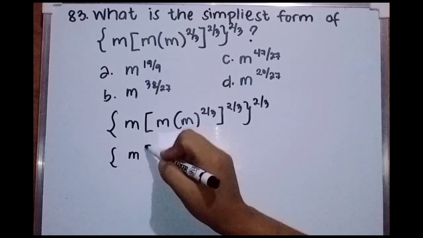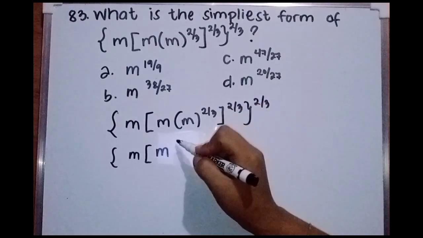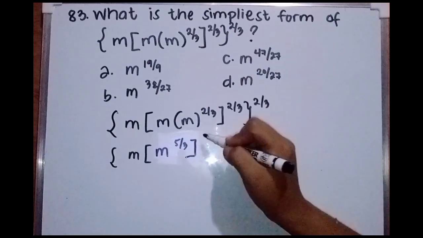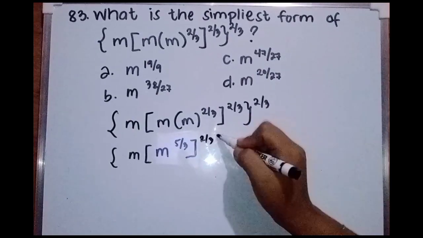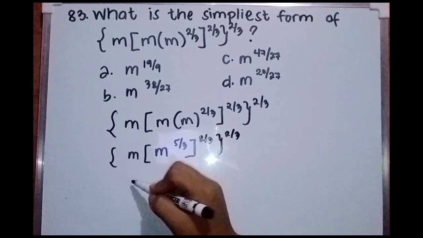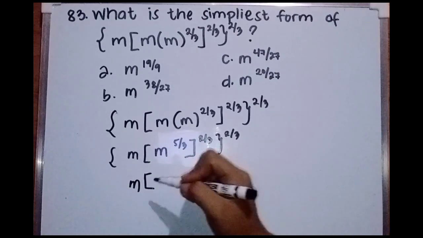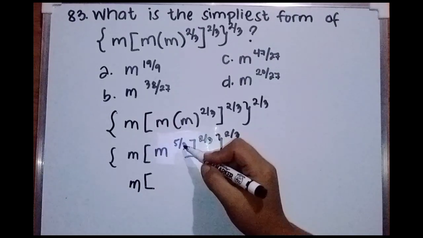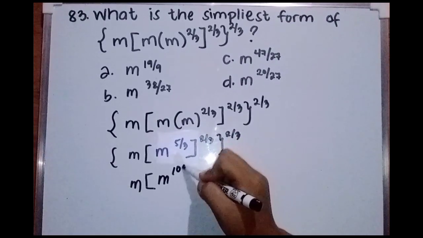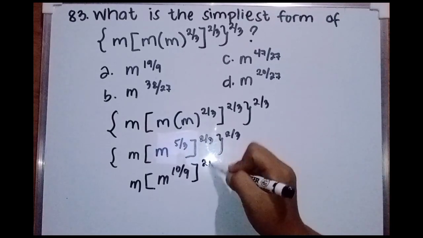So m is raised to 1 plus 2/3, which is 5/3, raised to the power of 2/3 and raised to the power of 2/3. 5/3 times 2/3 will be 10 over 9, and then 2/3.